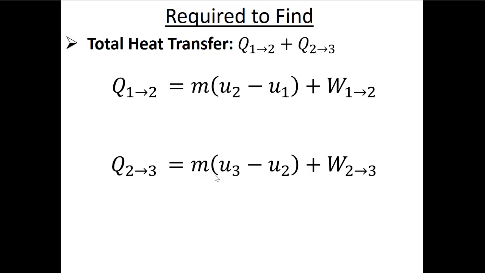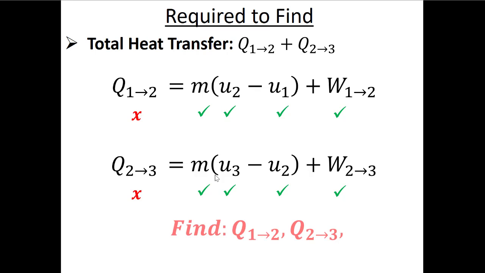Both of these equations, if you remember, came from the first law, but before, we didn't know these specific internal energies, so we took a detour to find them. Now we're in a position where we don't know Q, we do know the mass, we know U1, U2, and U3, and we know the work. So we have 2 equations and 2 unknowns, which is a good situation to be in. So I can find Q1 and Q2.